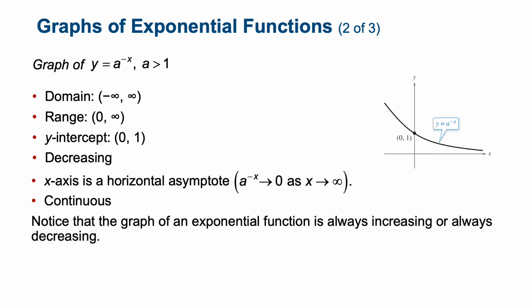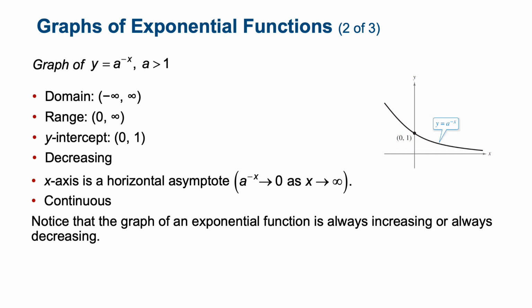Okay, so what about a to the -x when a is positive? You can think of it as a reflection across the y-axis, if you remember transformations. The domain is the same, -infinity to positive infinity. The range is the same, 0 to infinity.